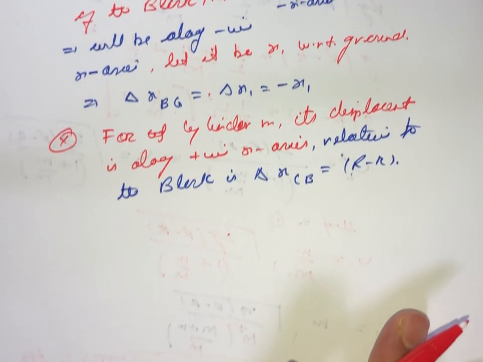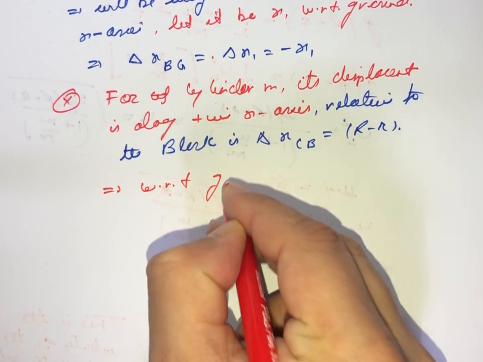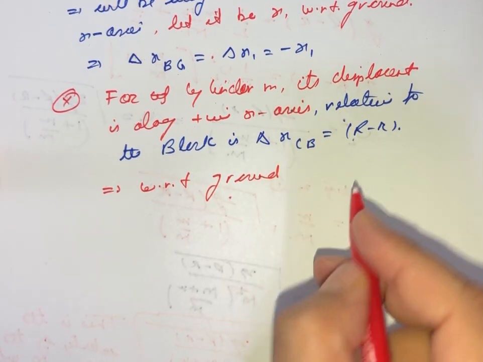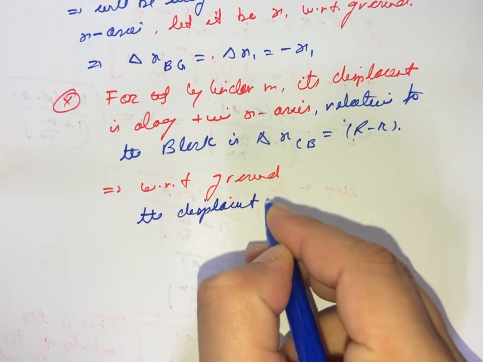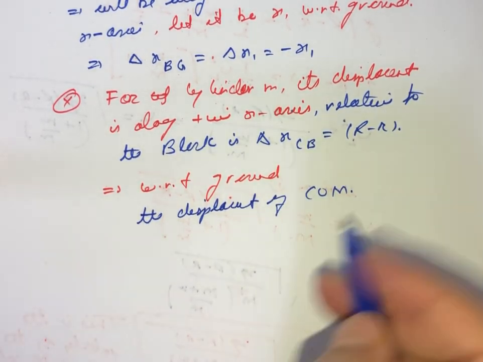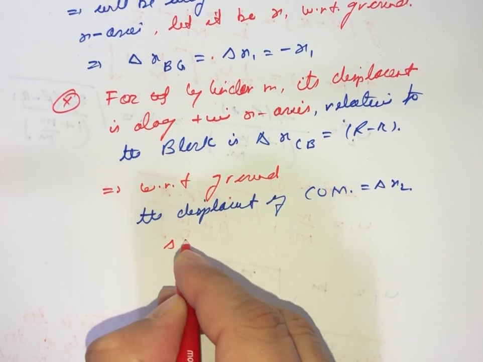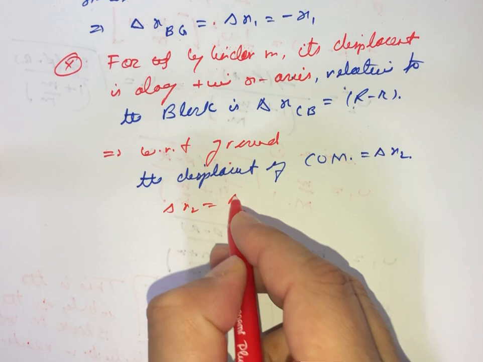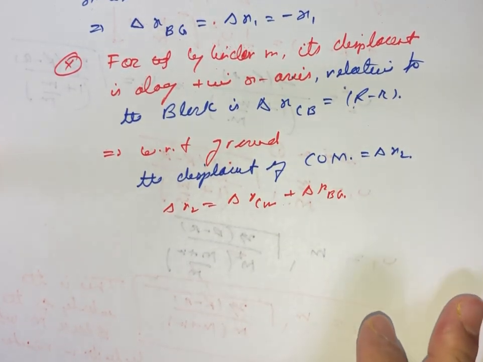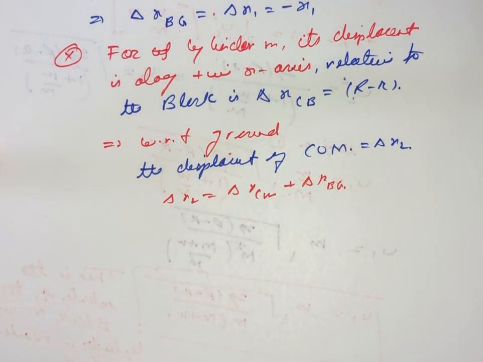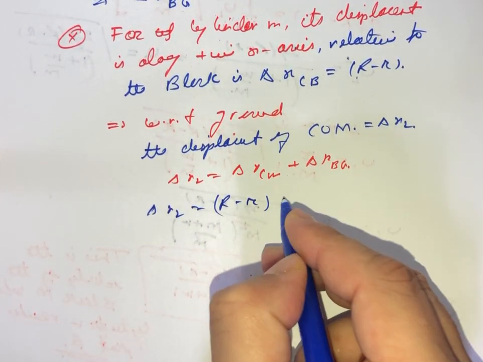Okay. Therefore, with respect to ground, the displacement of the cylinder, let us suppose, is delta x2, and delta x2 will be equal to delta x of cylinder relative to block plus delta x of block with respect to ground, and we get that delta x2 is (R minus r) minus x1.